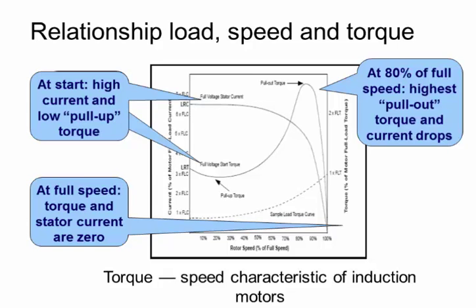When the motor reaches 80% of full speed, the torque is at its highest level, and that's your pull-out torque, and the current begins to drop, as you can see there. At full speed, or synchronous speed, the torque and the current drop basically to zero.